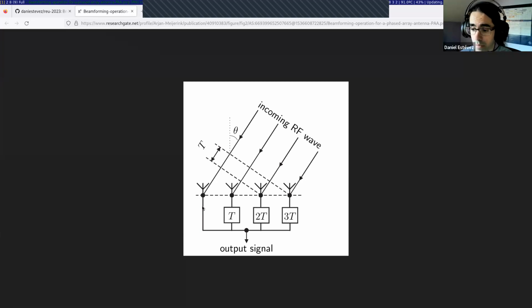So this is what I was explaining. If we want to combine the signals to form this output signal, we need to delay this by 3t, this by 2t, this by t, and this doesn't need to be delayed. So the delays here account for the time advance, the fact that the radio frequency wave arrived 3t earlier to this antenna than to the last antenna.